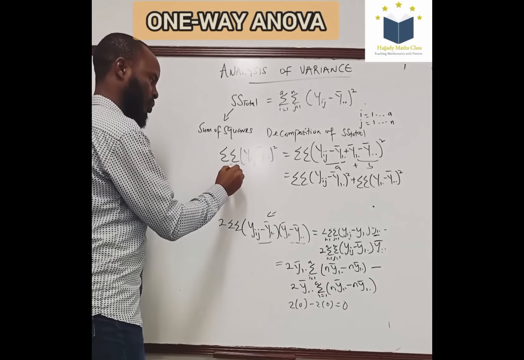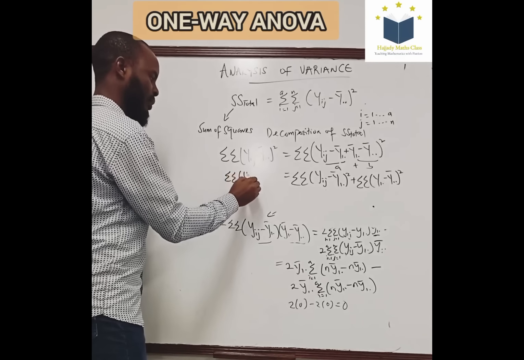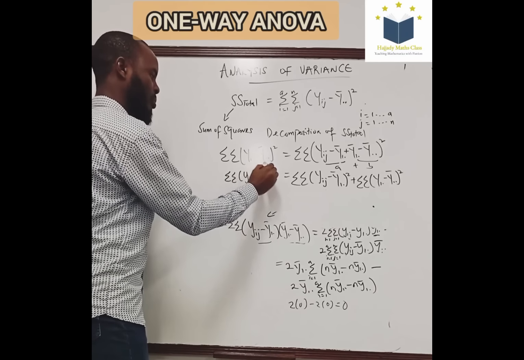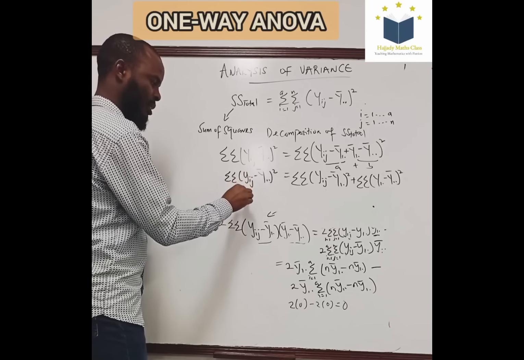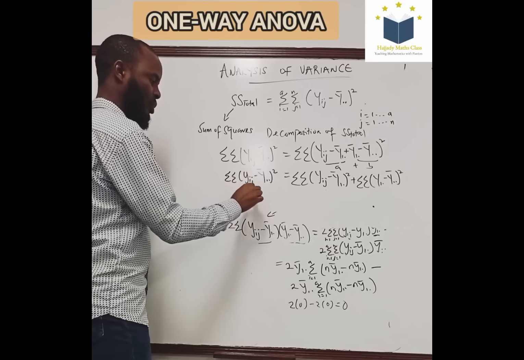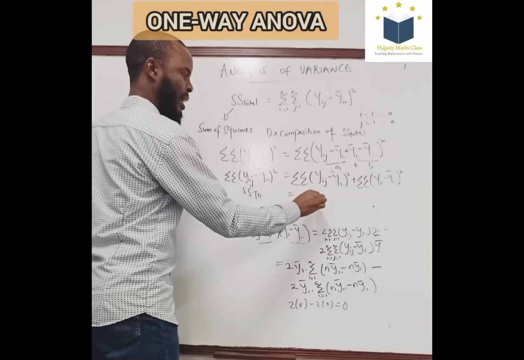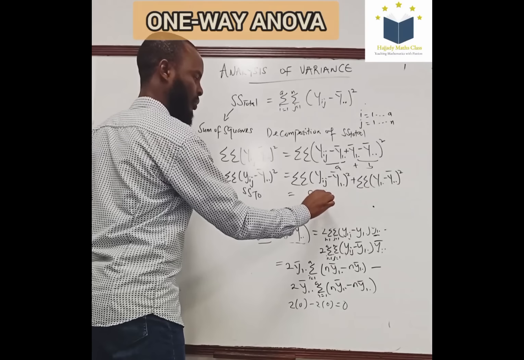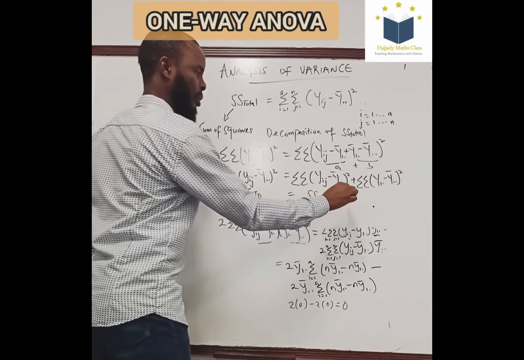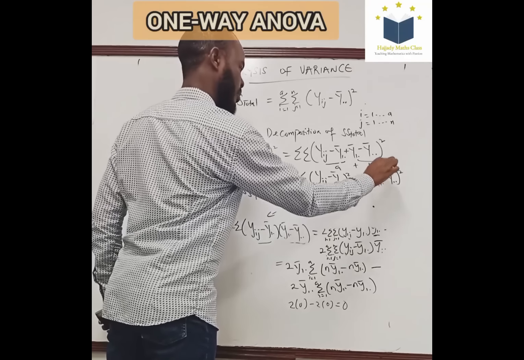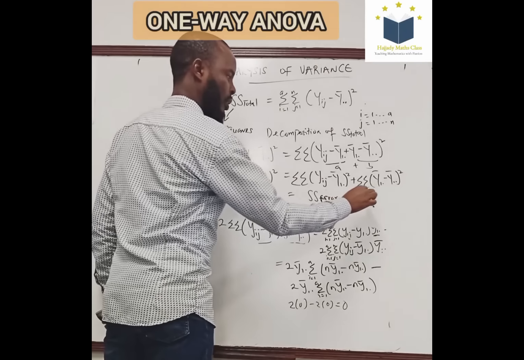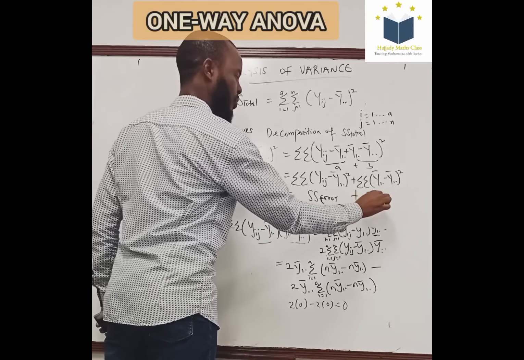So double sum yij minus y dot bar squared. This is the same thing as our what? SS total, which is the same thing as SS error plus, sorry, SS treatment.